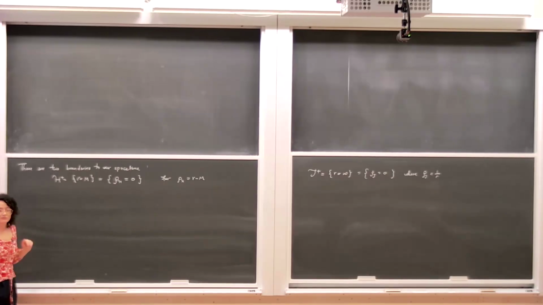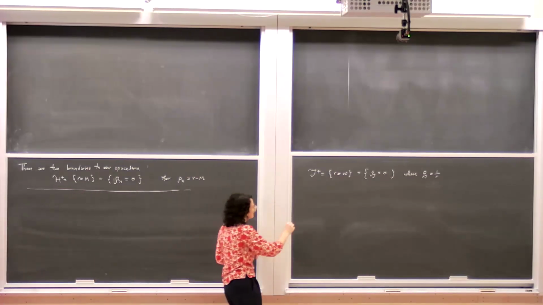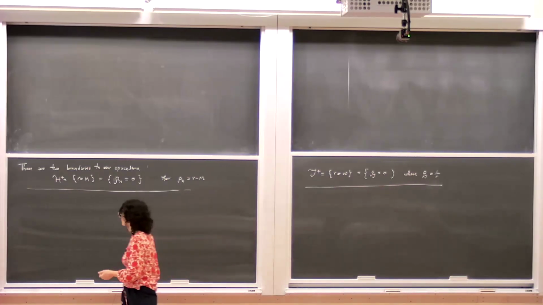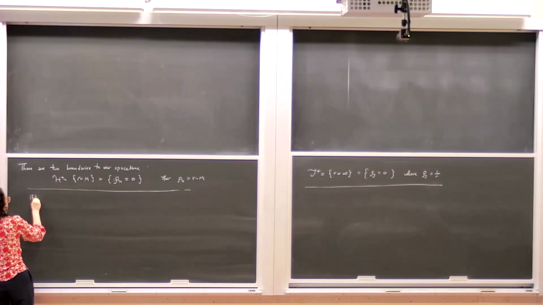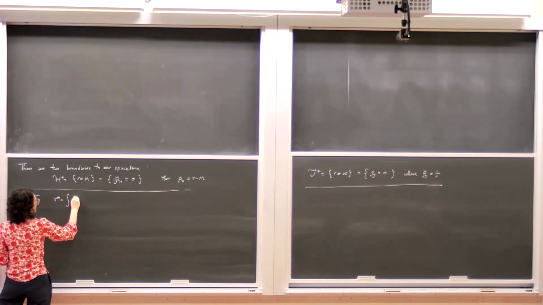Now I need to use some coordinates that are well adapted to this picture, and of course we have them. Those are the Eddington-Finkelstein coordinates. In one case, I will have the ingoing Eddington-Finkelstein coordinates. They both use the tortoise coordinate.